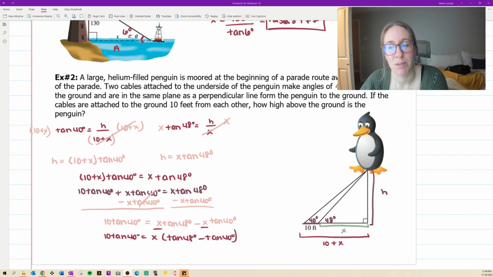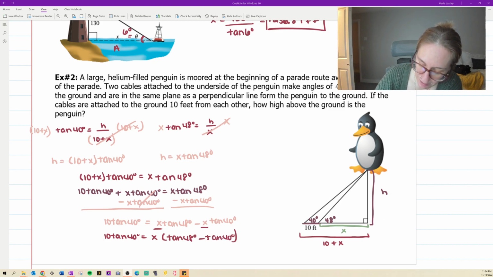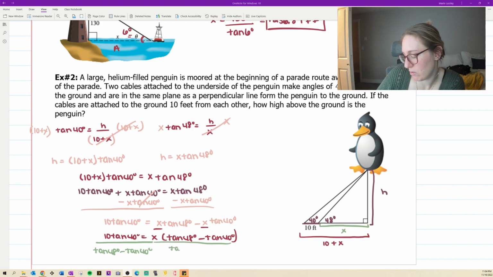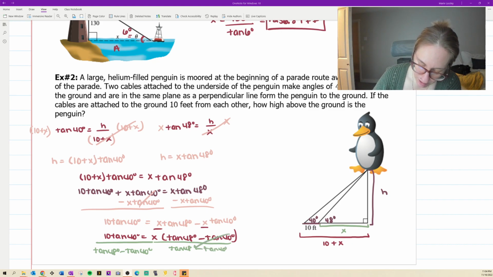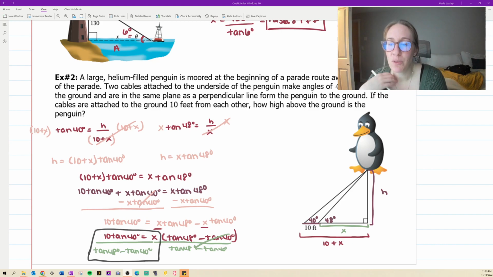Now I can simply divide both sides by that disgusting thing over there, tangent 48 minus tangent 40, on both sides. Boom. Okay, so now I know this doesn't look pretty, but this is what x equals.